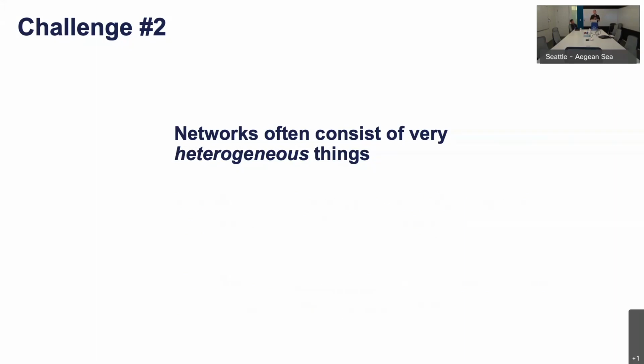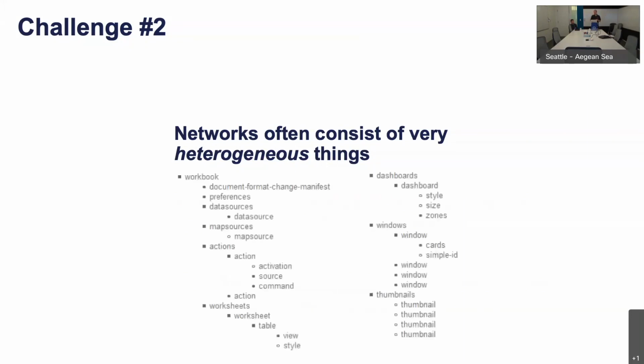Some of you may have tried cracking open the Tableau workbook format and looked inside there. And what you would find is basically a network, a simple hierarchy, a tree, with hundreds of different types of nodes in there, hundreds of different types of things. And inside the workbook, there are data sources with fields and map sources and actions and worksheets with all sorts of different nodes under them and dashboards and so on and so forth.